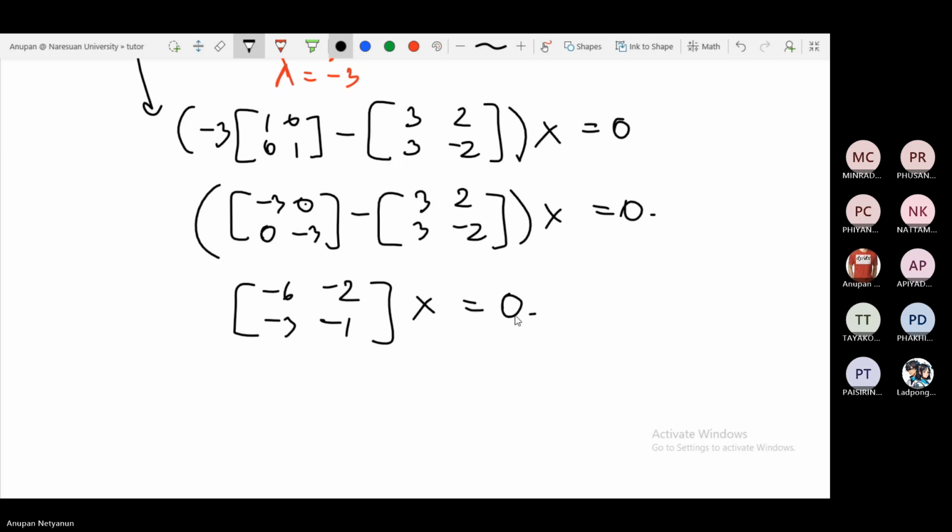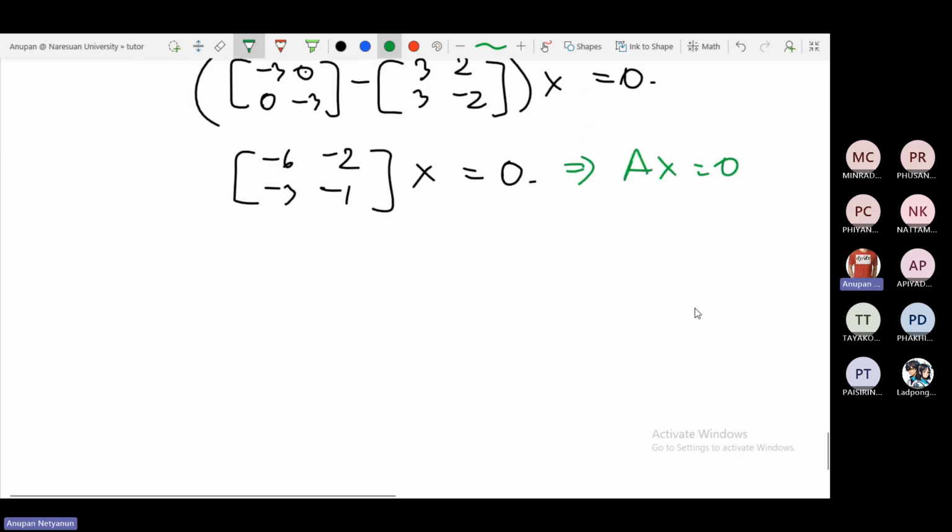Now this one is similar to what you have: think of it as A x equals 0, and you want to solve for x.